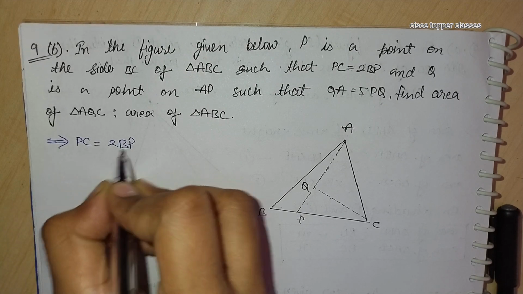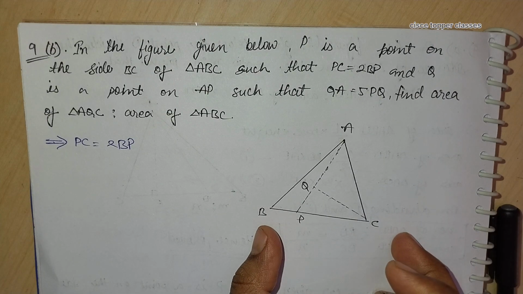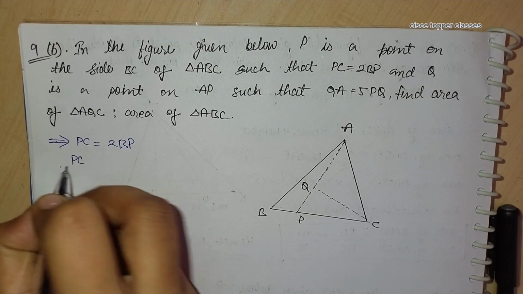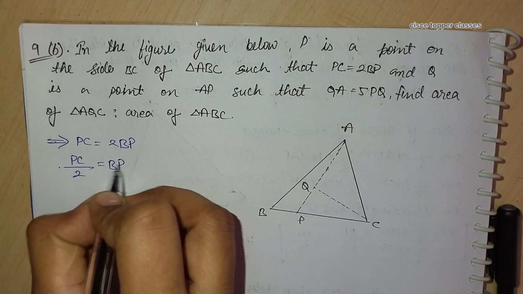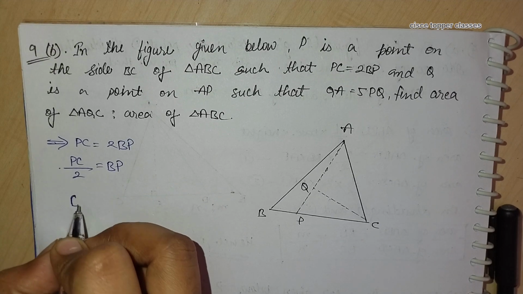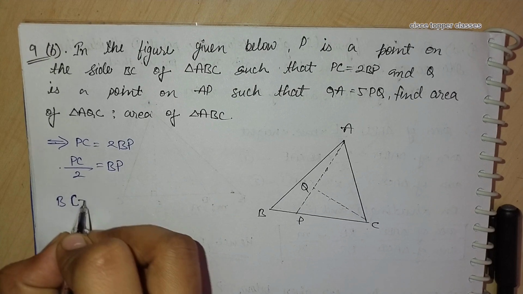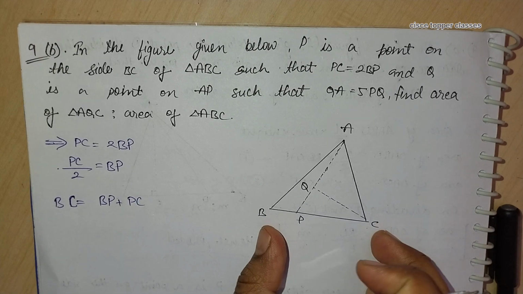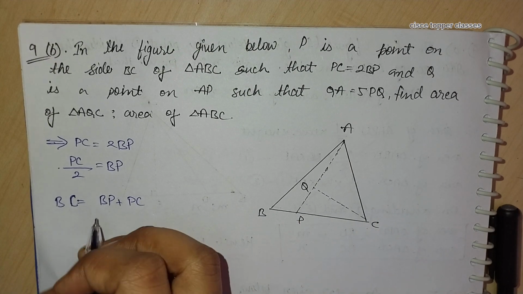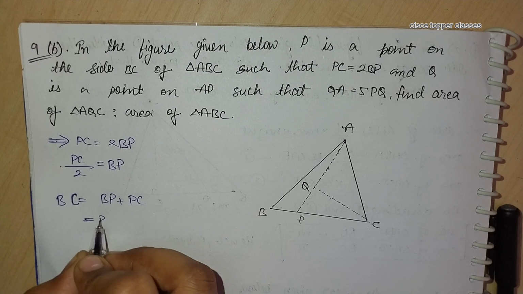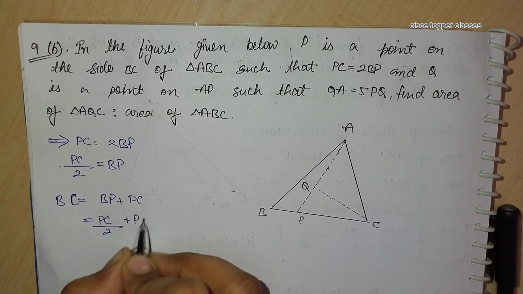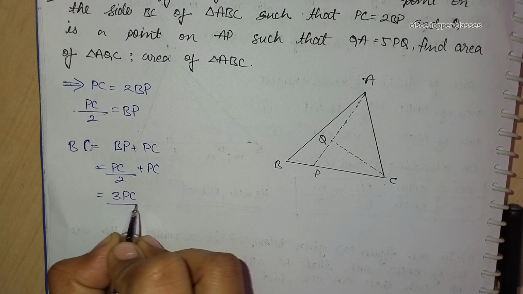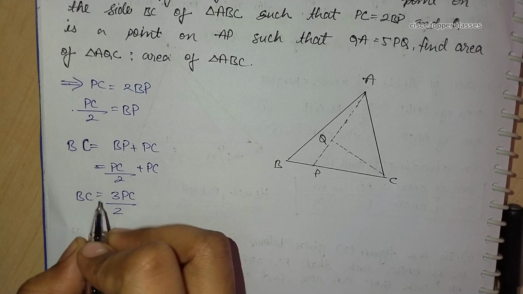This is given to us, and here we can write this whole BC. Firstly, we write PC by 2 is equal to BP, and then BC is equal to BP plus PC, because in this line BP plus PC is equal to BC. Now we will put the value of BP here, which will be PC by 2 plus PC. Taking LCM, we will get 3PC divided by 2 equal to BC.